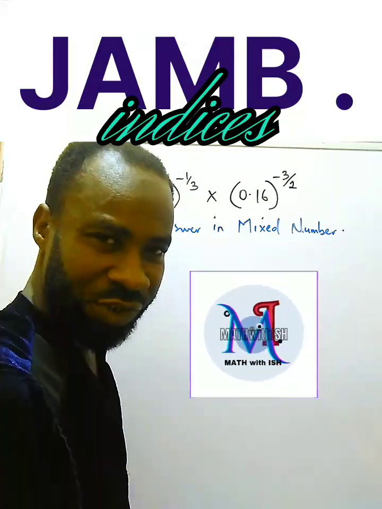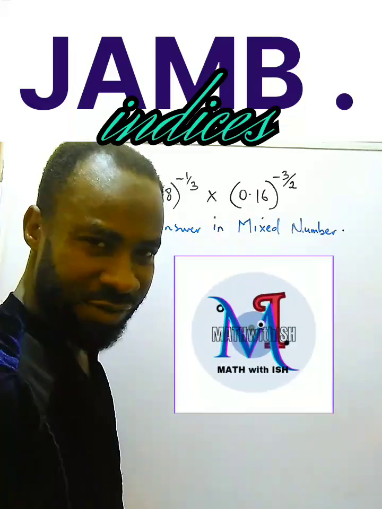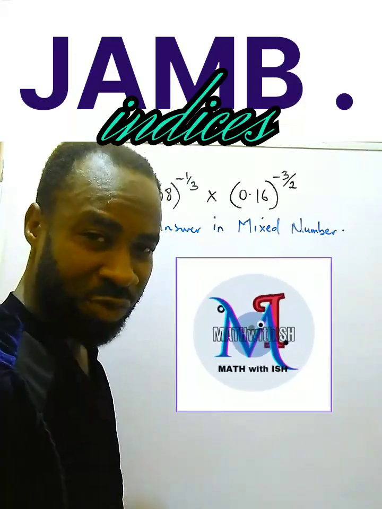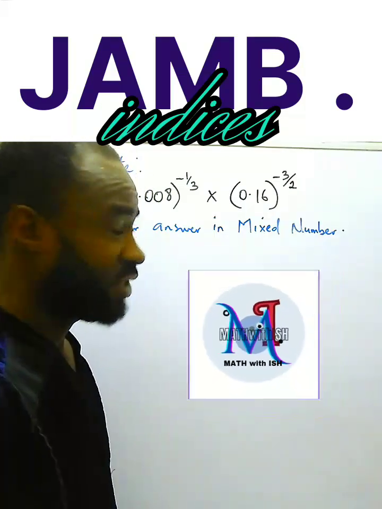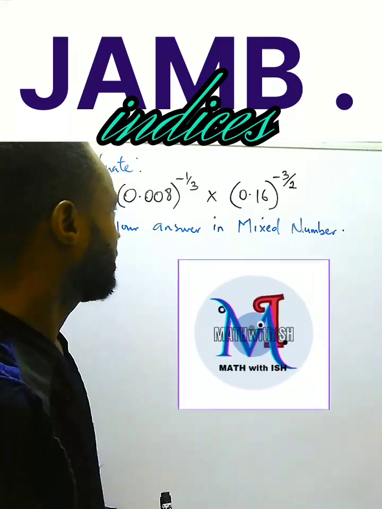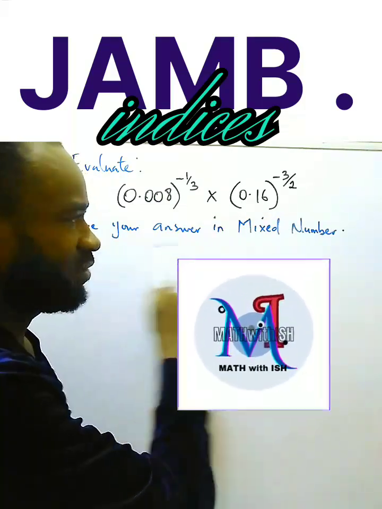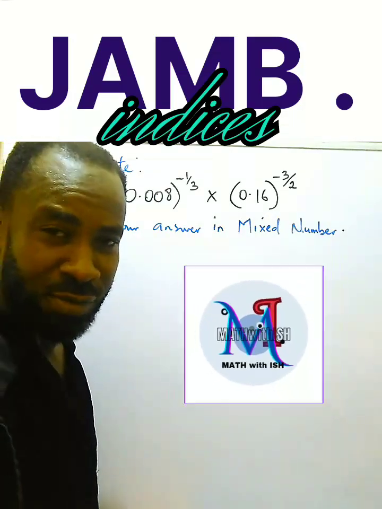Now today we have a question on indices, and this is actually a 1987 JAMB question. It says we should evaluate this expression, which they will answer as a mixed number.